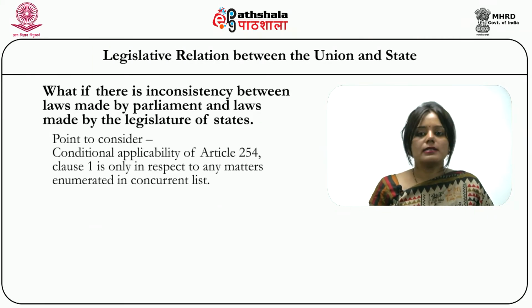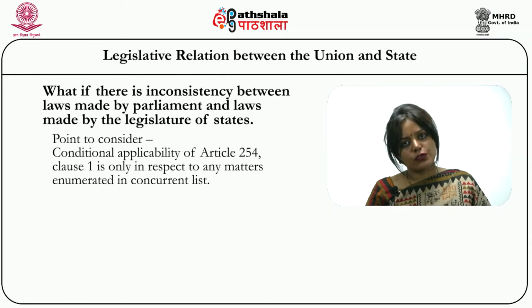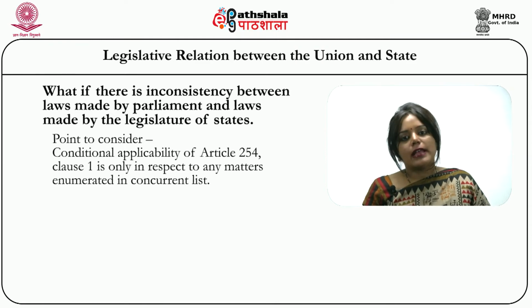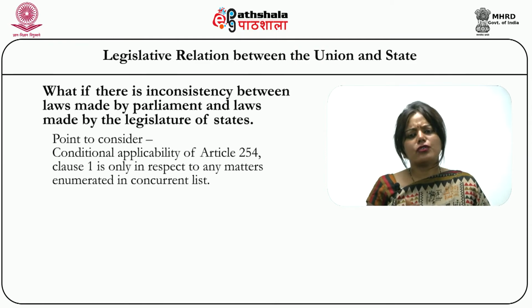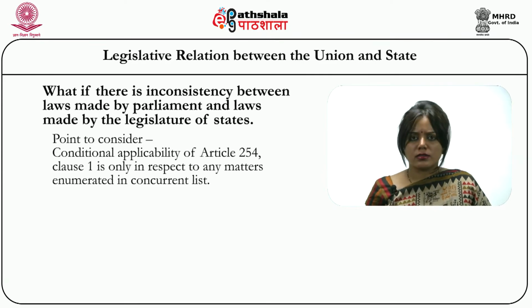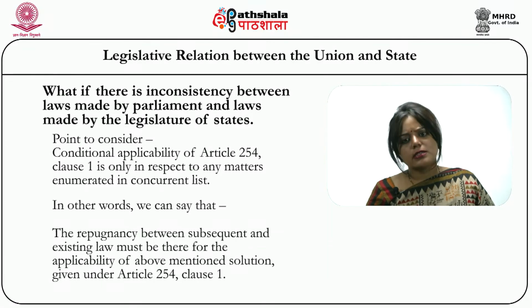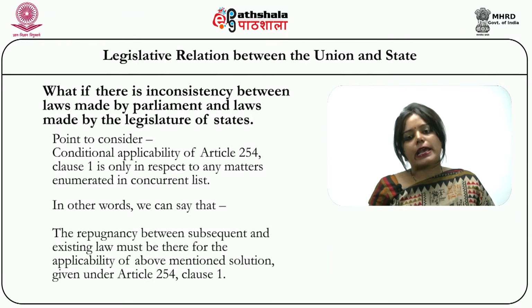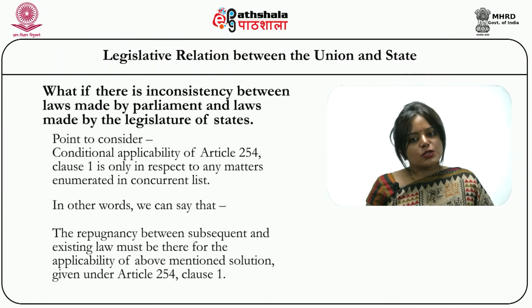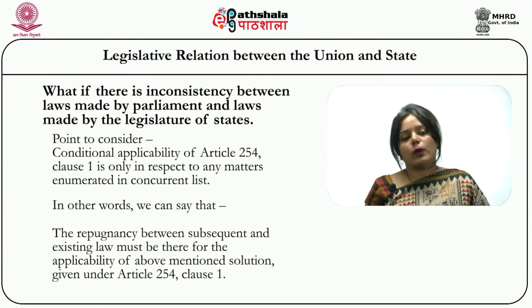One thing which should be considered by you is the condition for the applicability of Article 254 Clause 1, that is, it applies only in respect of any matter enumerated in the concurrent list. In other words, repugnancy between the subsequent and existing law must be there for the applicability of the above mentioned solution given under Article 254 Clause 1.